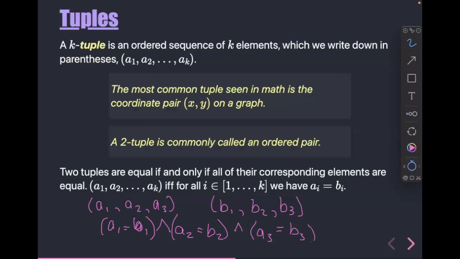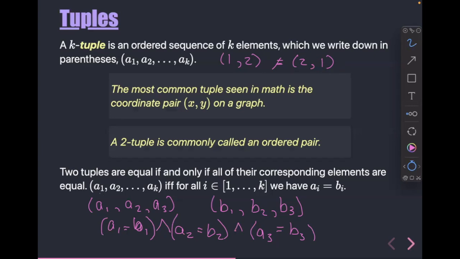So for the coordinate pair 1, 2, let's say it's a 2-tuple, that would only be equal to the other tuple 1, 2, right? But if we had the tuple 2, 1, that's not equal, right? And so this is how we're saying that mathematically.